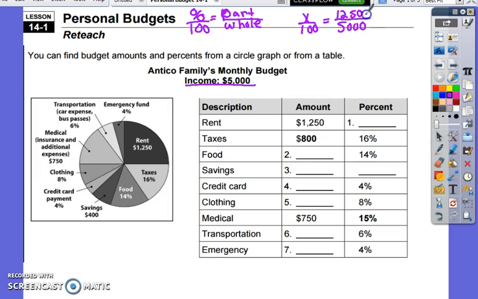So we want to do our cross products. Remember, when we multiply by 100, our decimal will move 2 places to the right. So 1,250 becomes 125,000, and that will be equal to 5,000x. Now to isolate our variable, we want to divide both sides by 5,000.